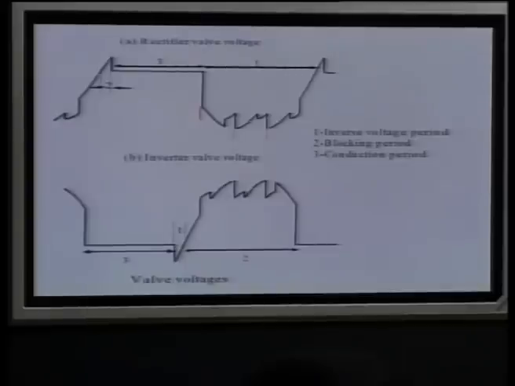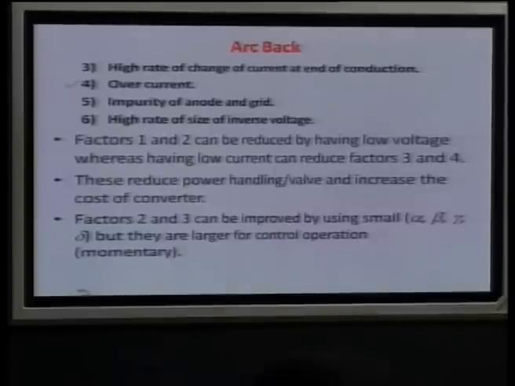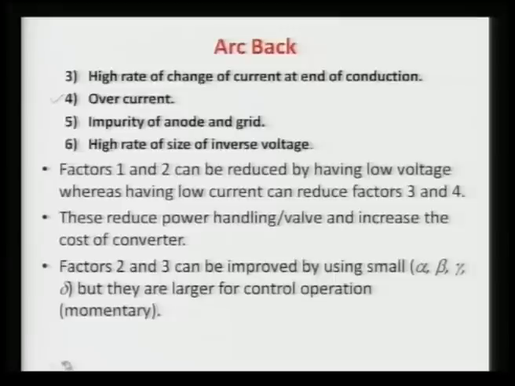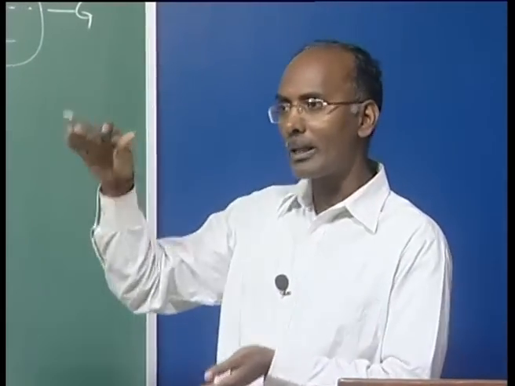Now, to avoid this, factors 1 and 2, the high peak inverse voltage and the high jump, can be reduced by having a low voltage. If your voltage is reduced, the voltage across the valves will also be reduced, but that is not a better option, because if you reduce the voltage, then for the same power the current should increase, and that is not desirable.